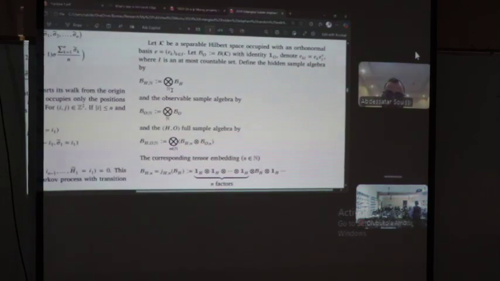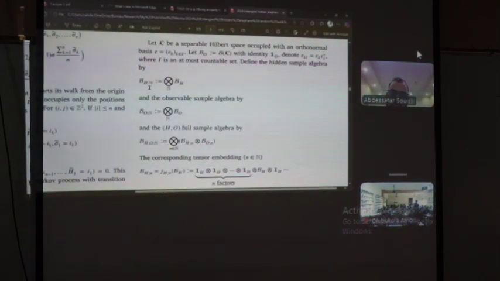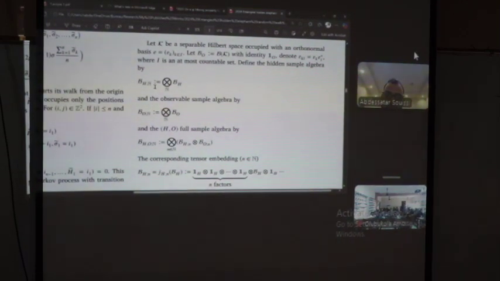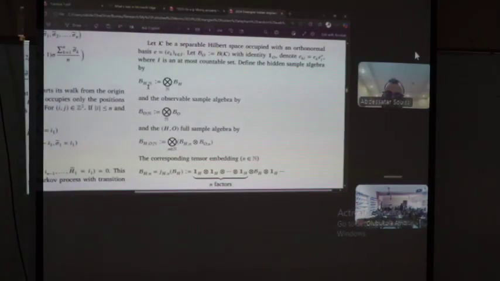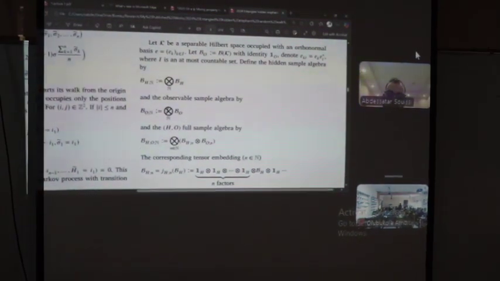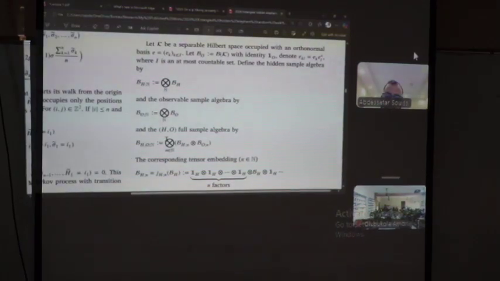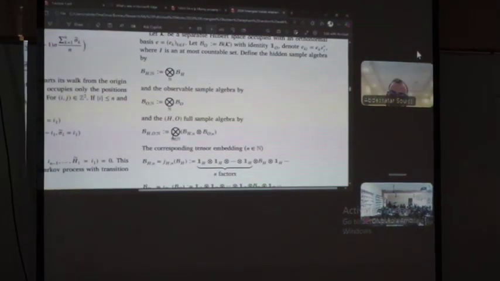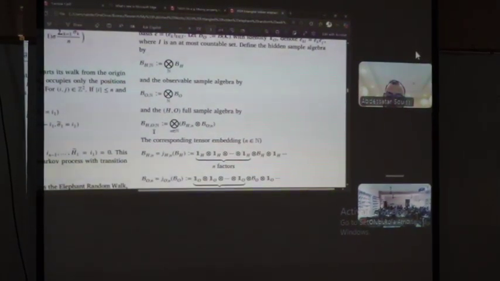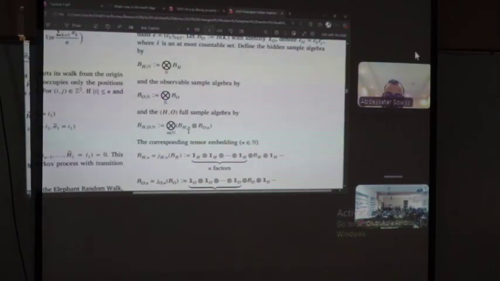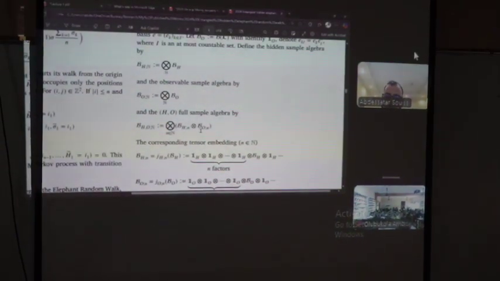The hidden system is generated by the algebra BH, and BO relates to the observation system. The joint process is then generated by the sample algebra BHN.